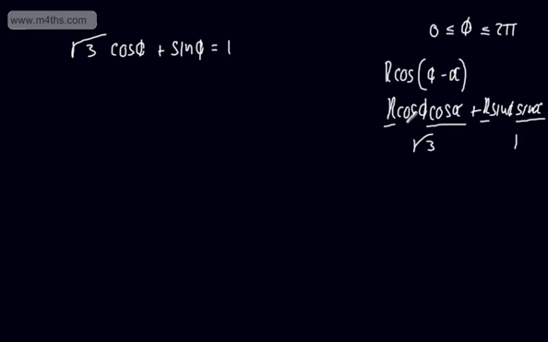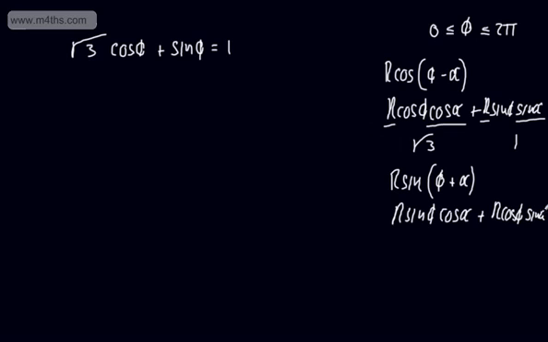I could write this in the form sine theta plus root 3 cos theta, and we could consider now R sin of theta plus alpha. I actually prefer working with the cosines, as often you're dealing with fewer negatives in your work. It's entirely up to you, or you will be given a particular form in the exam. If we did this one, we'd have R sin theta cos alpha plus R cos theta sin alpha.